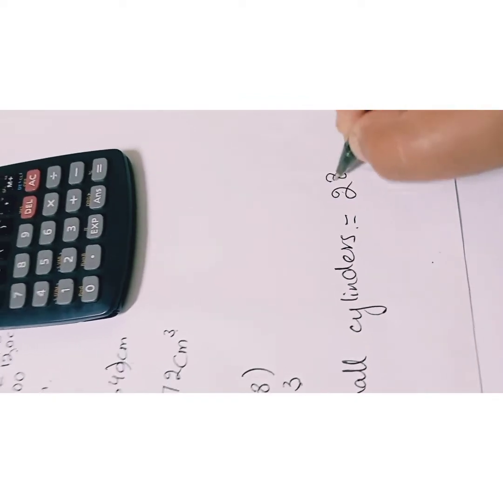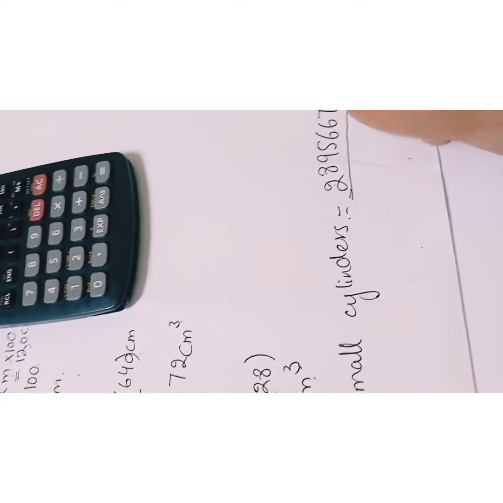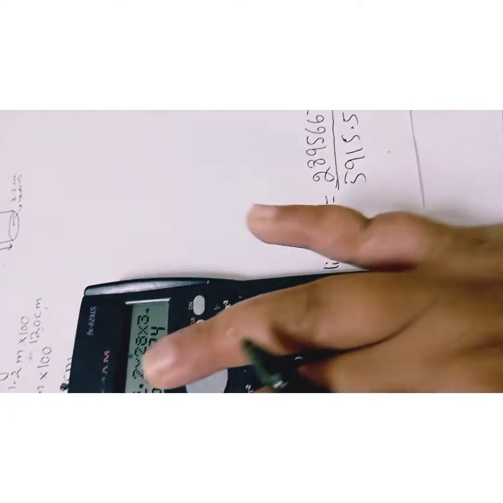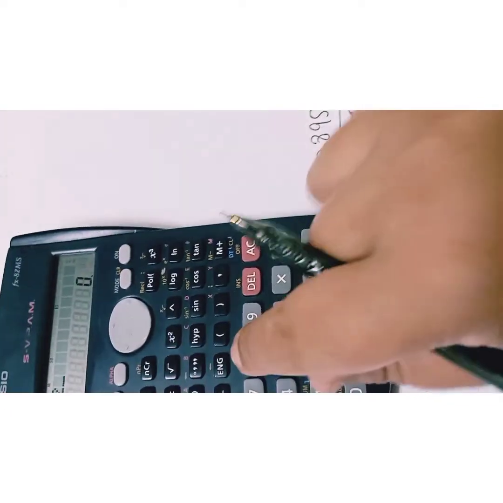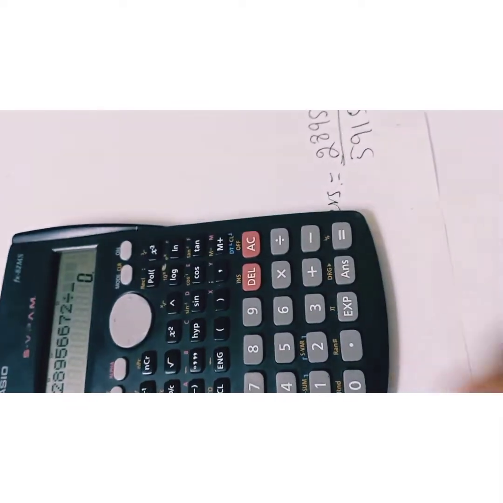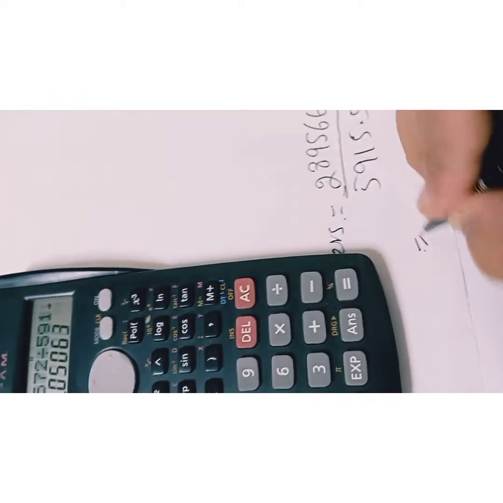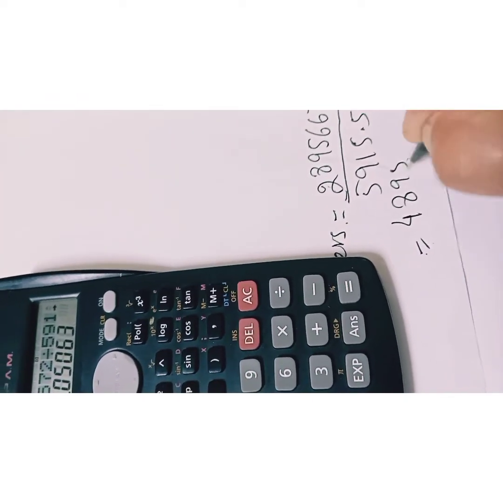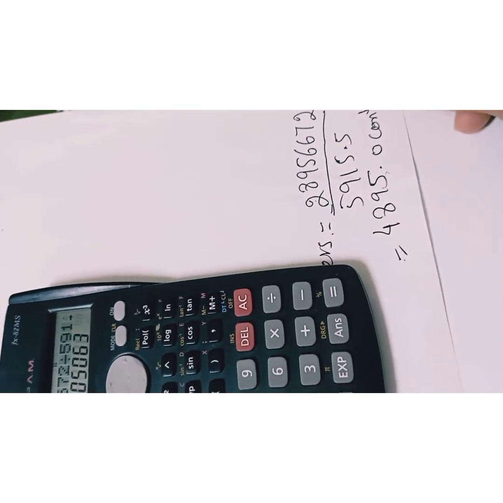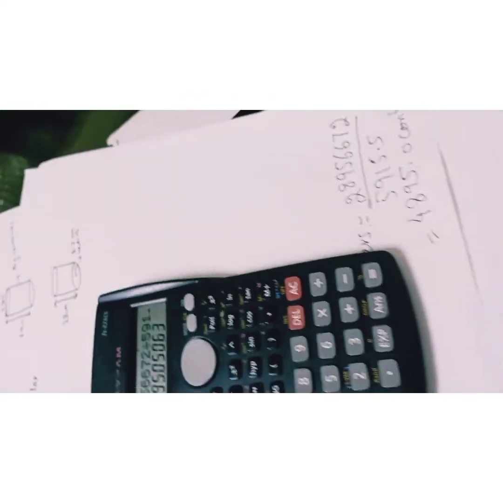So we will divide 28956672 by 5915.5, and we get 4895.0 containers which are filled by the oil in the tank. So I hope you have understood the question.